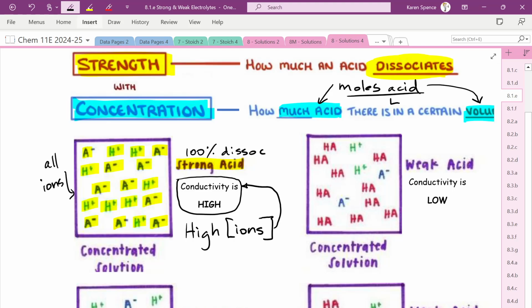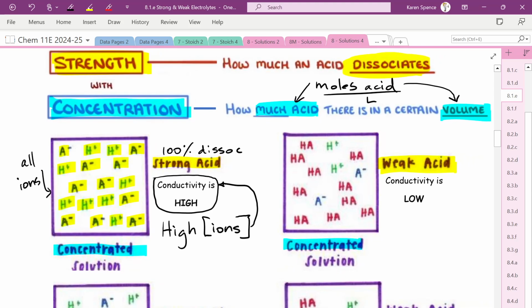But if we take a weak acid at the same concentration, okay, they're both concentrated, so they have a high concentration. Even though we have lots of acid particles, how many of them are dissociated? A few.